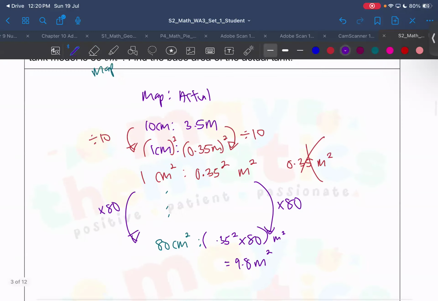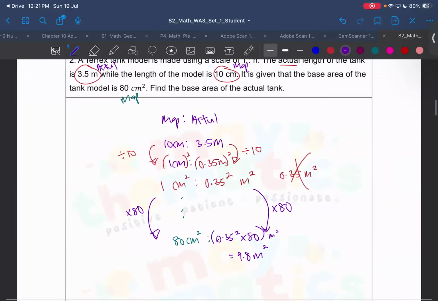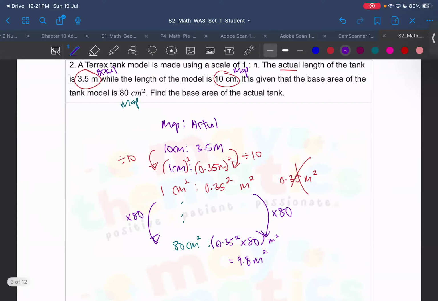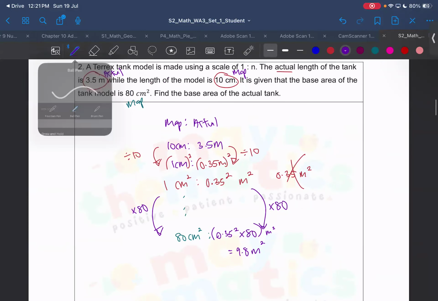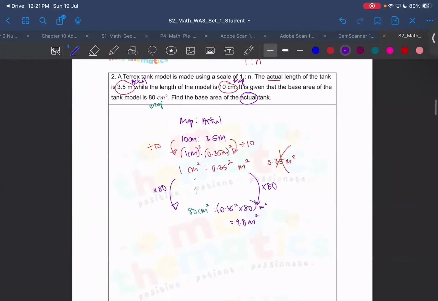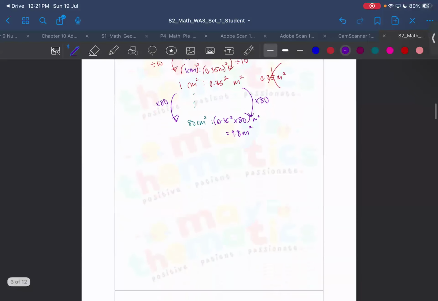Any question for this question? Katie and Shimei, which part is the map and actual that you all don't understand? Like which part? Is it this type of question? Not really. So the base area in the actual scale is 9.8 meters squared. Can?